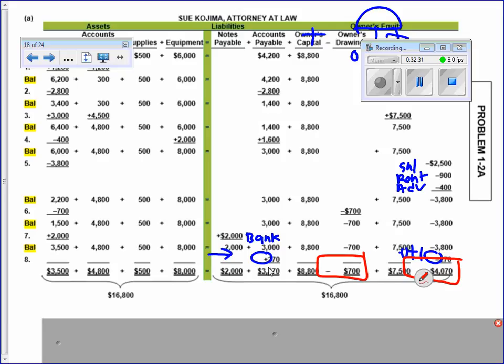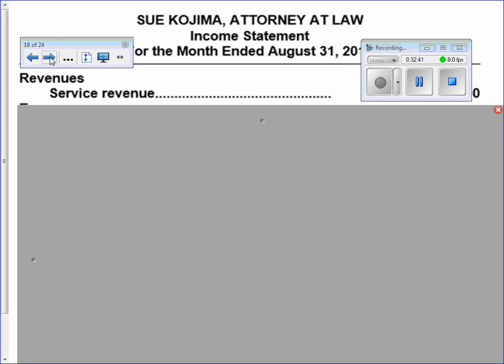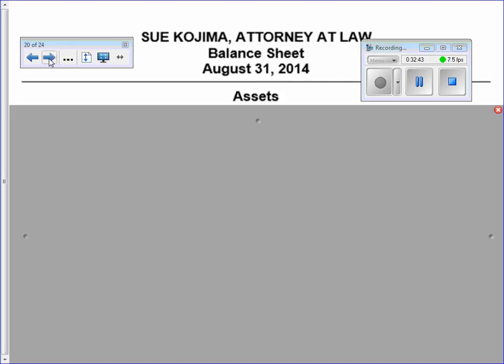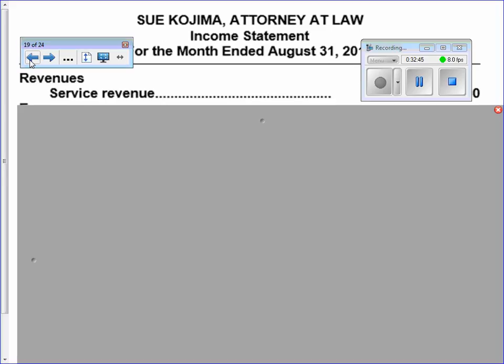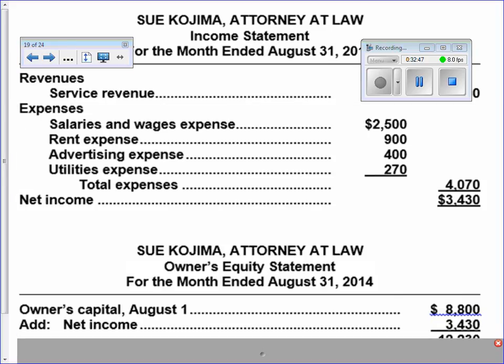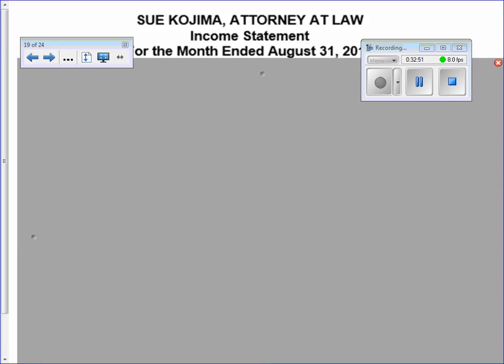What do you think you're going to have as homework? The same thing in the B set, okay? We don't have time right now to do the income statement, balance sheet, or owner's equity statement. I want to do those with you. I owe that to you. This is new.